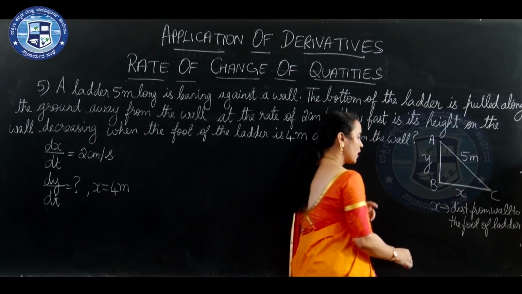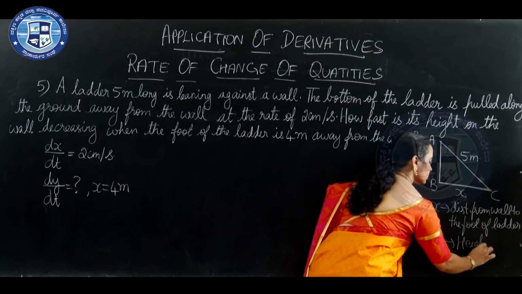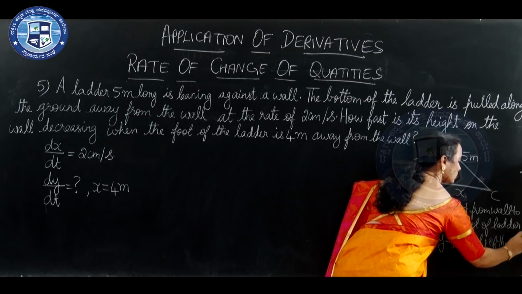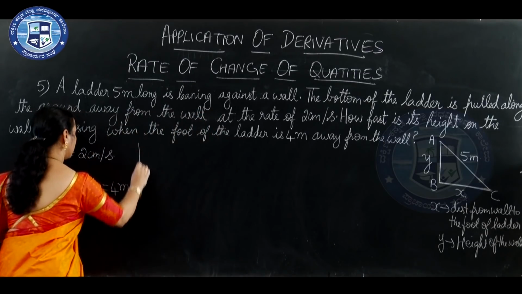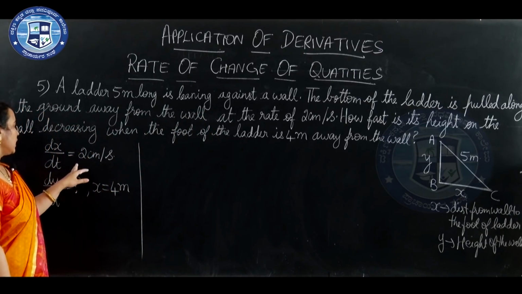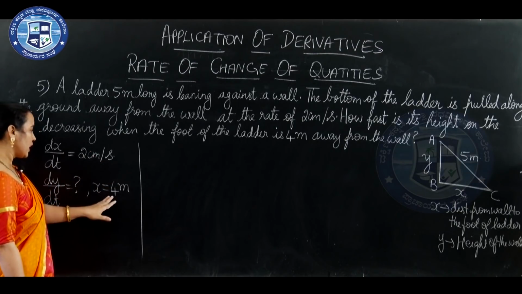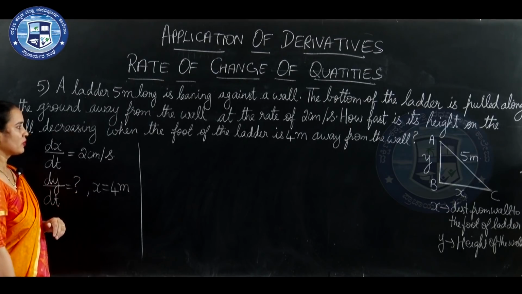And y is height of the wall. dx by dt is 2 centimeter per second is given. When x is 4 meters, you have to find change in height, that is dy by dt.